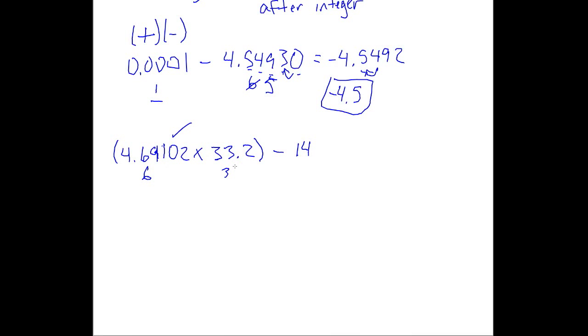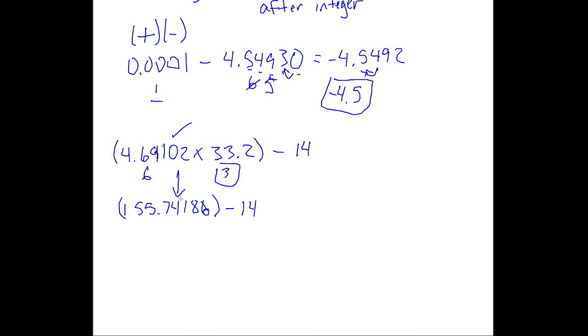So, we carry through our operation as normal. So we go 4.699102 times 33.2. Now the calculator is going to give me 155.74186, and it'll keep going. And then we still have our minus 14. Now, how many sig figs should I have in my answer? We're multiplying, so I look at the lowest number. It's 3.